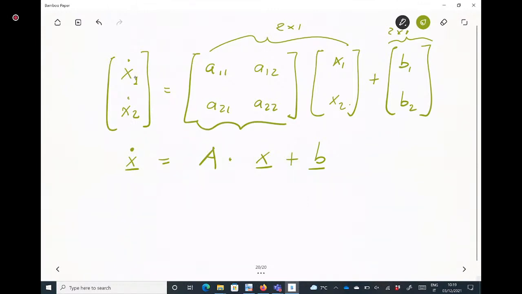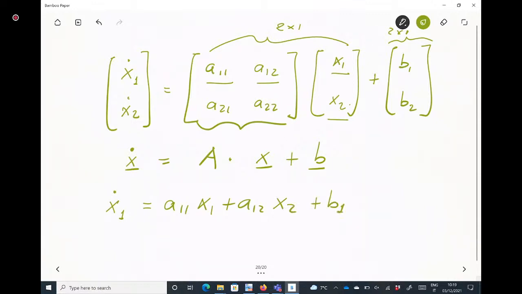Now, the first element will be equal to the first element of the vector on the right, which means that x dot 1, computing the product here, is a11 times x1 plus a12 times x2 plus b1.